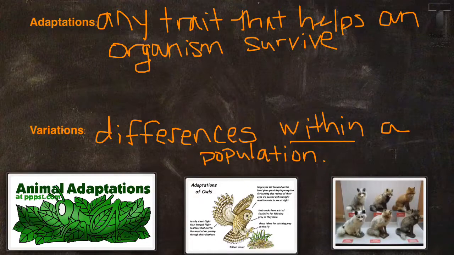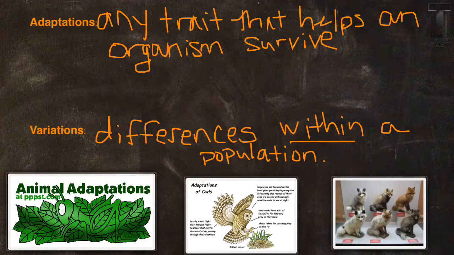And once the entire population has that trait that helps it survive, then it's called an adaptation. So basically, adaptations are products of natural selection, and natural selection is selecting these variations that help them survive.